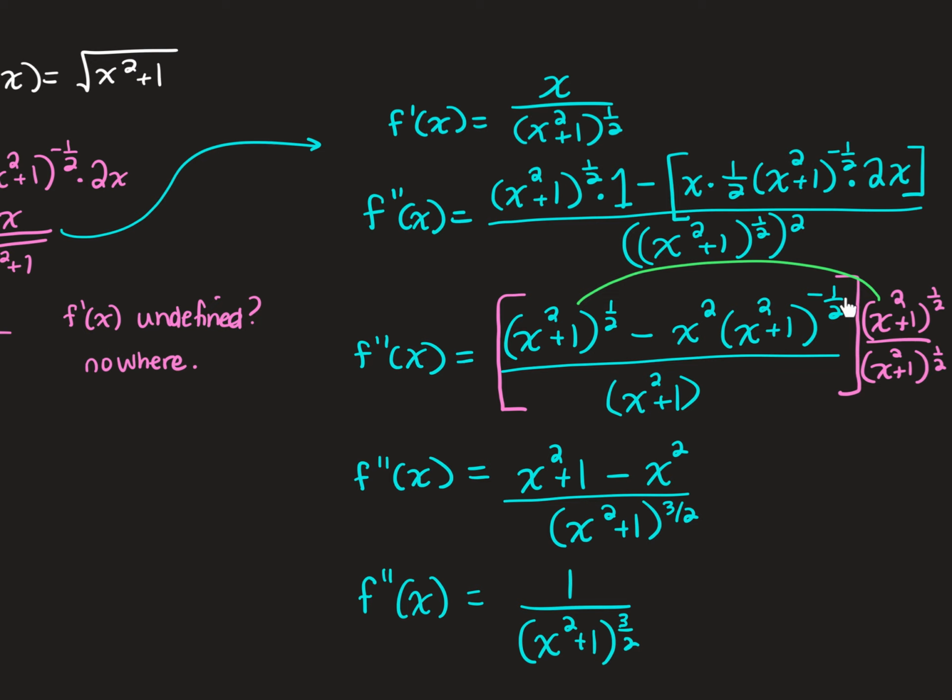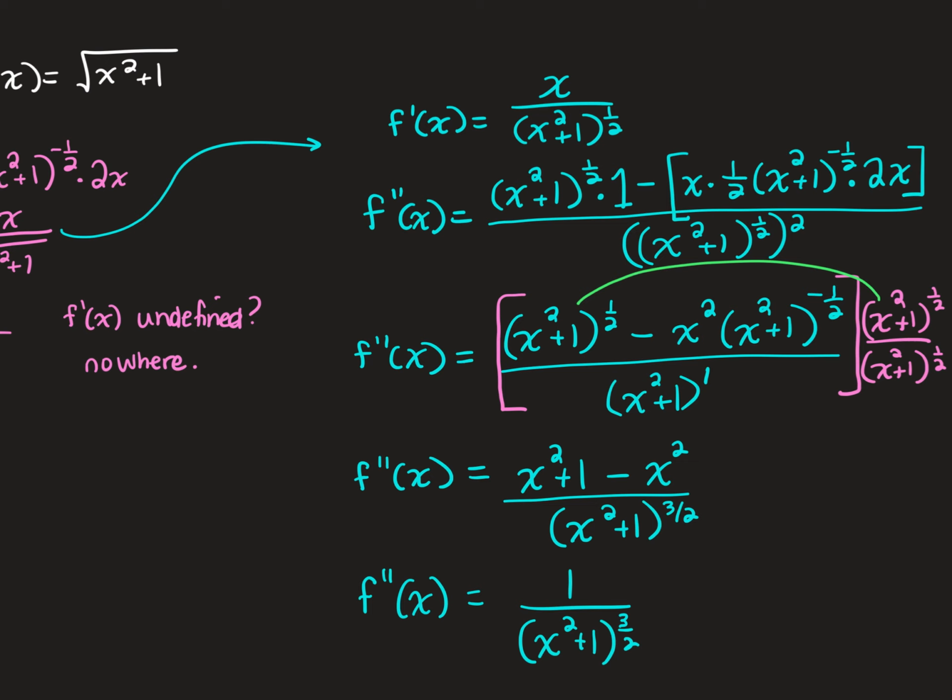And then multiplying this guy times this expression, when we add -1/2 and 1/2 together, we get 0. So this guy just ends up being 1, leaving it just with minus x squared. And then when we multiply these together, you have an exponent on this of just 1. So you add your exponents together, and 1 plus 1/2 is 3/2. So we end up with this expression here, x squared plus 1 minus x squared over x squared plus 1 raised to the 3/2 power. Subtract x squared and x squared, and this is your derivative.